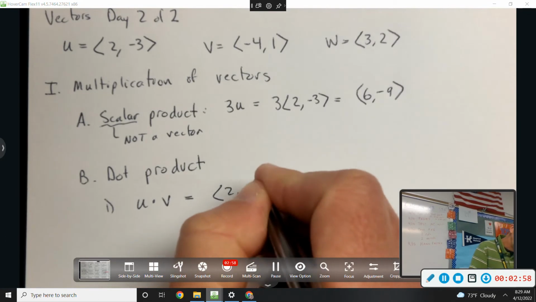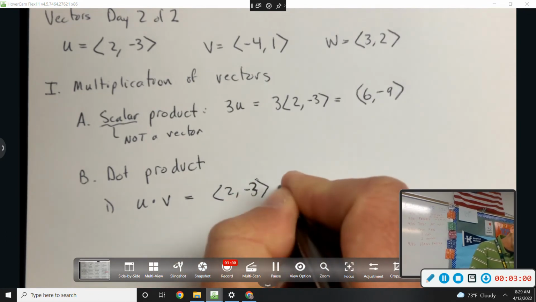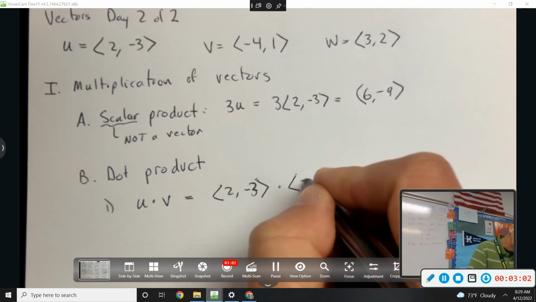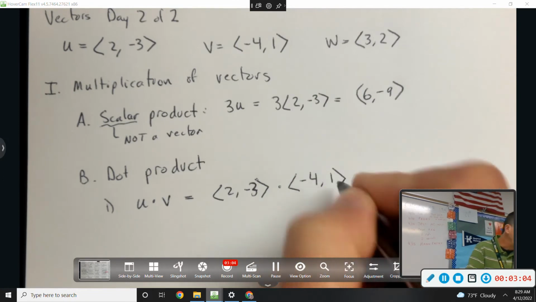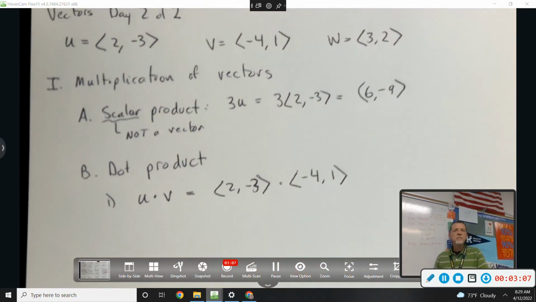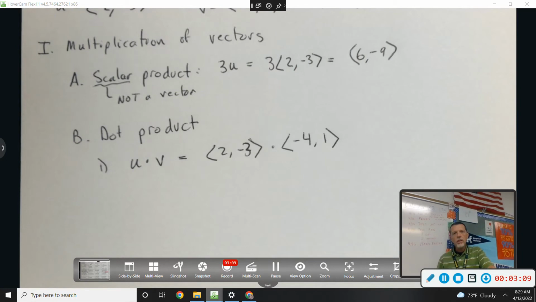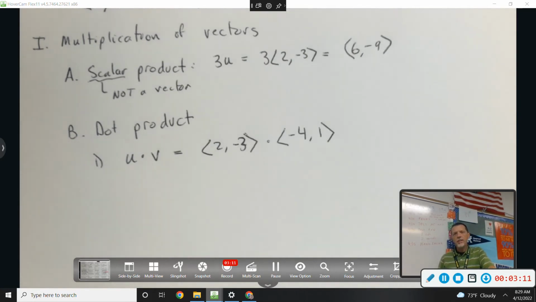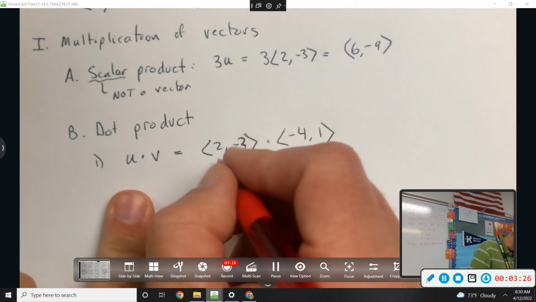So 2, -3, dotted with -4, 1. And it's easier to do it than to explain it. The explanation is multiply the x's, multiply the y's, and add them together. So that maybe is the weird part. With the dot product, it turns out there's 2 multiplications.